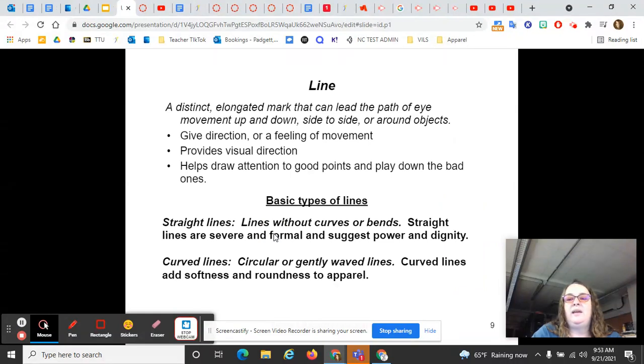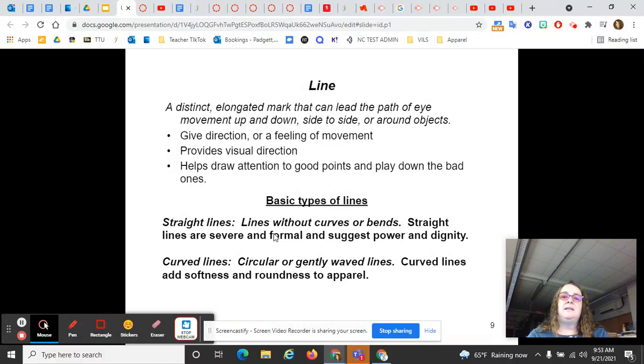Then we're going to move into line. Line is meant to elongate. It is the path that your eye moves. Is that line causing your eye to move vertically, up and down, horizontally, which is left to right, or is it causing you to look around an object?